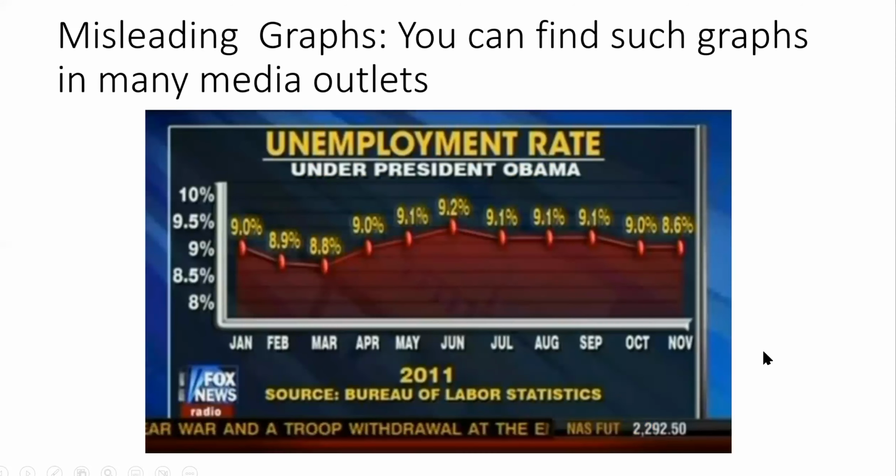Here's another graph that talks about the unemployment rate under President Obama. Again, it looks like there was a lot of fluctuation. It went down and then it went up and then kind of went down. But if you look at the numbers, they cut off the bottom portion of the graph. The lowest the unemployment rate was 8.8%, and the highest it was 9.2%.